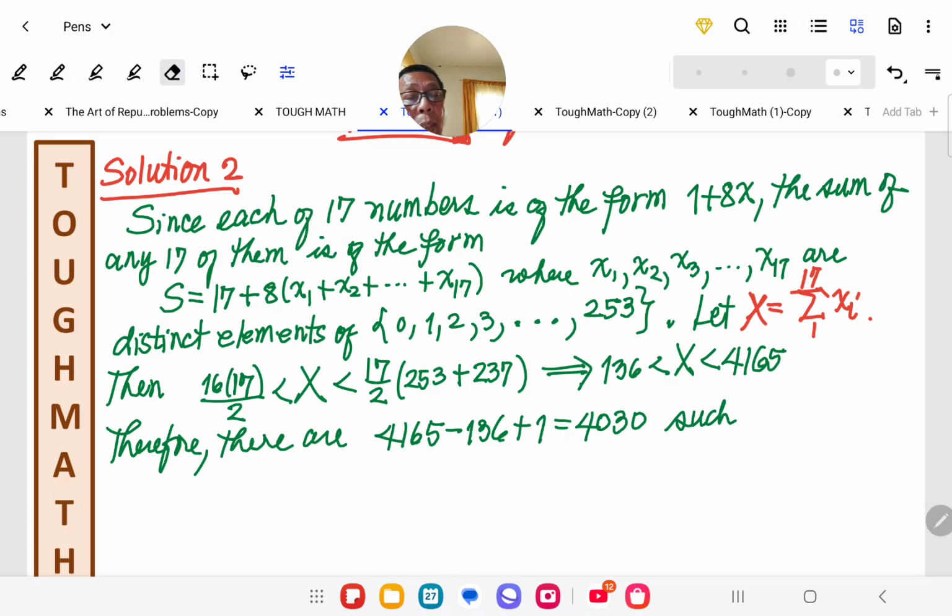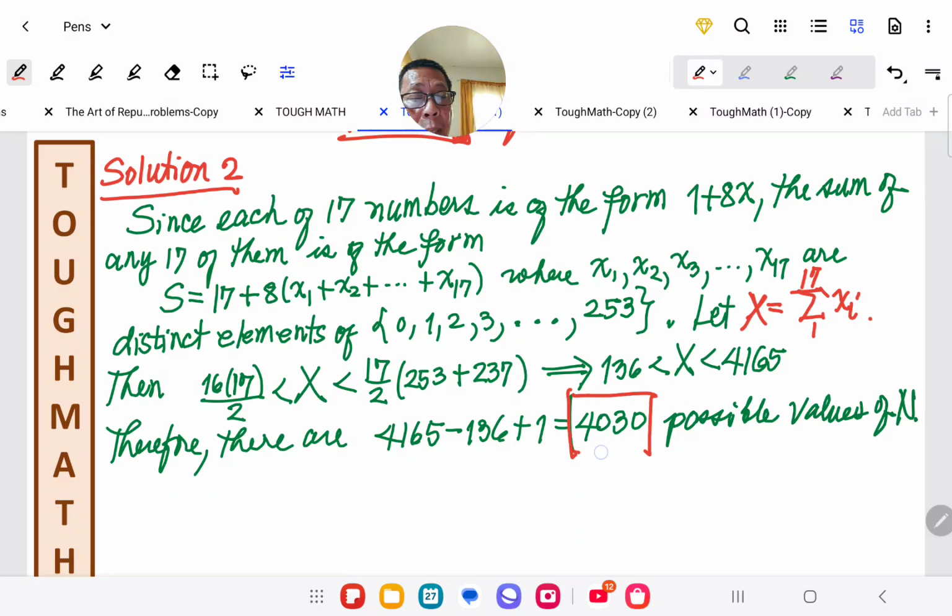So 4,030 possible values of n. And of course, we can see that this agrees with our answer using the first solution. Okay, so we have this 4,030.